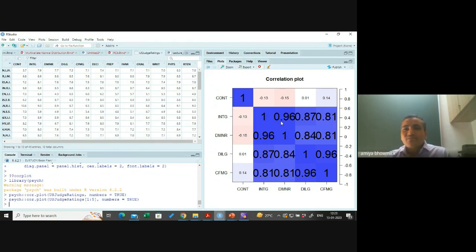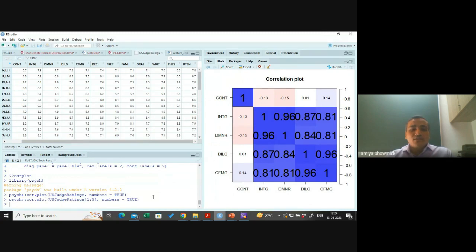Is it clear? This is a very wonderful visual exploration before going into any kind of multivariate data analysis. This is a very common practice that we do. We try to get all kinds of information about the data first, then we go for the next step.